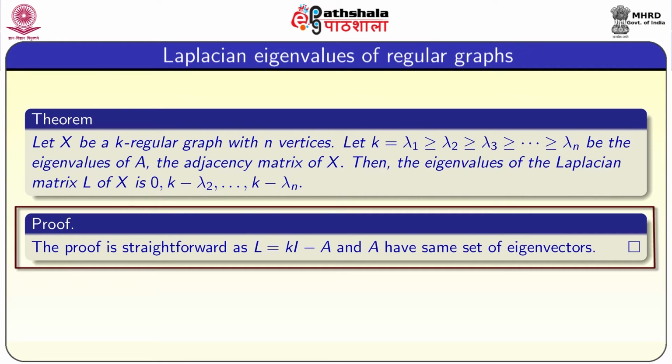The proof is simple. In fact, the proof is shorter than the statement. The simple reason is that in this case the Laplacian matrix is equal to k I, a scalar matrix, minus the adjacency matrix. Since every vector is an eigenvector for k I, the eigenvectors of L and A are the same. So, that is why we get this result.